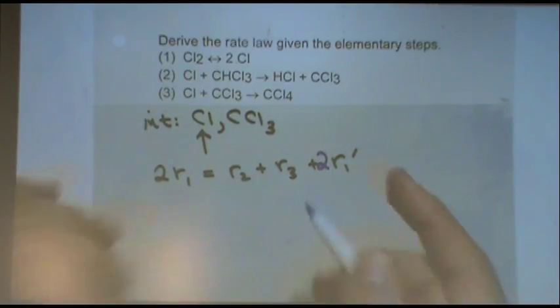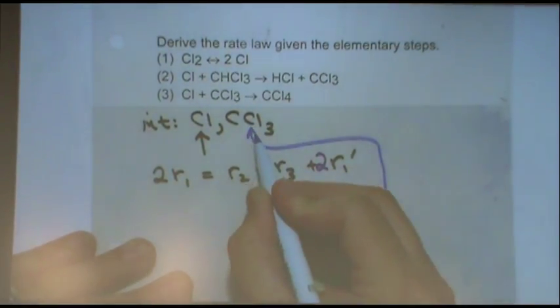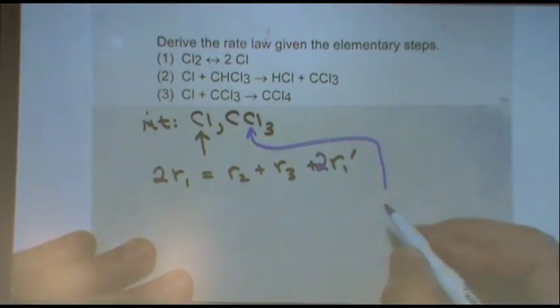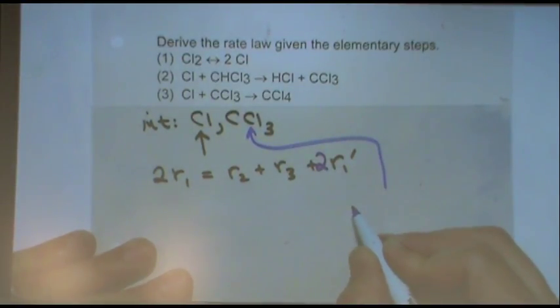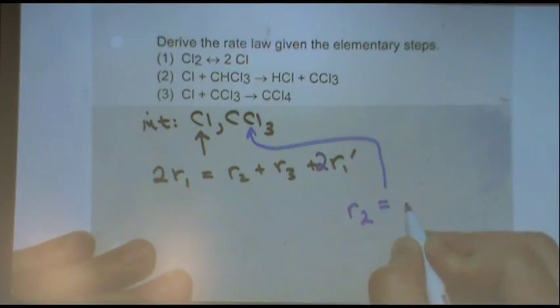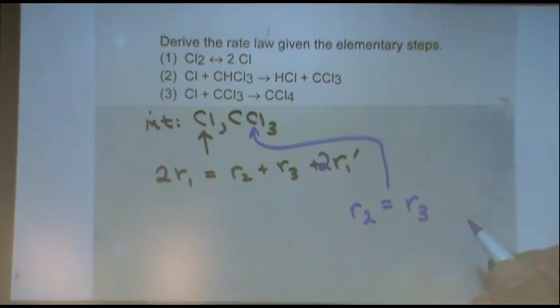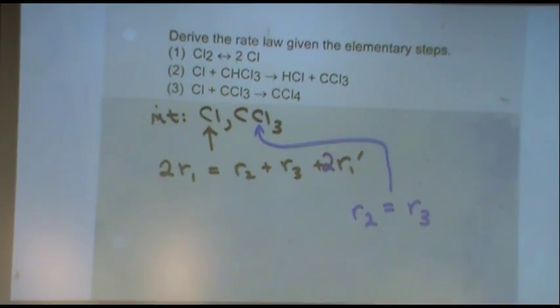Okay. Let's do this one right here, the CCl3. Where is it a product? Reaction 2. Where is it a reactant? Okay, that's a little nicer. Okay, so let's look at the messy one for a moment.